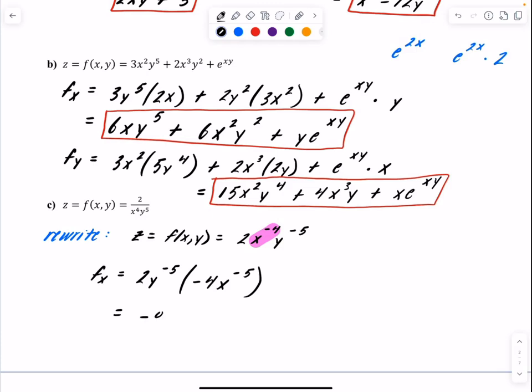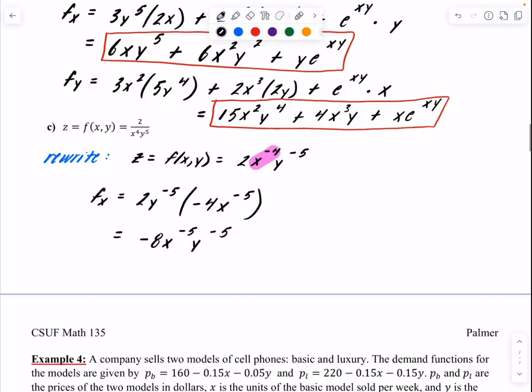This is negative 8, x to the negative 5, y to the negative 5. It's okay to leave your exponents as negatives. If you would like to make your exponents positive, this is an equivalent answer. So negative 8 divided by x to the 5th times y to the 5th. Either one of these will work as your partial derivative with respect to x.